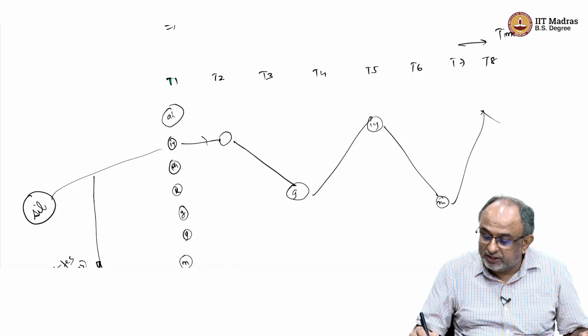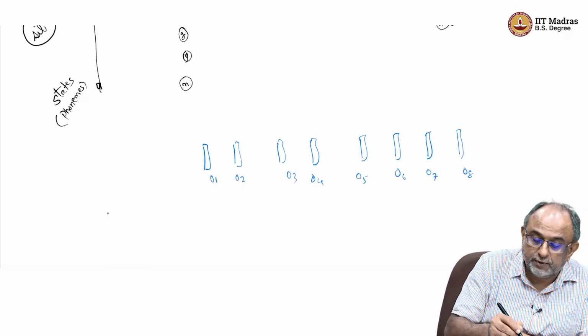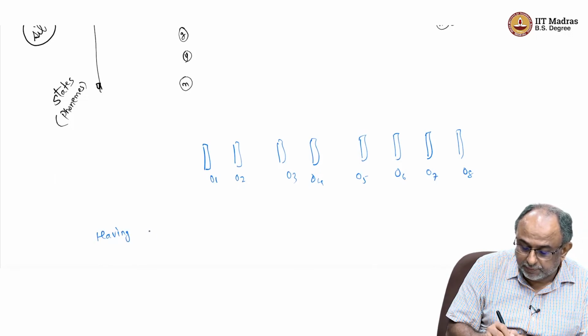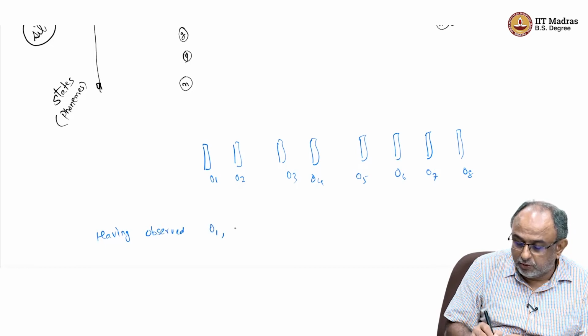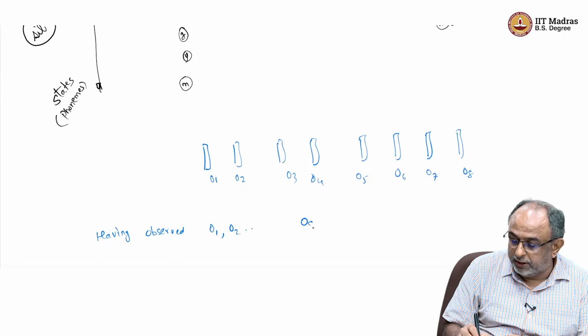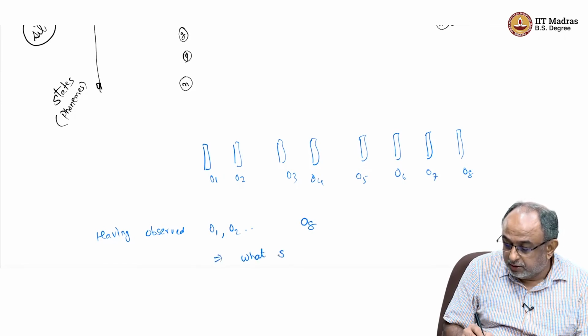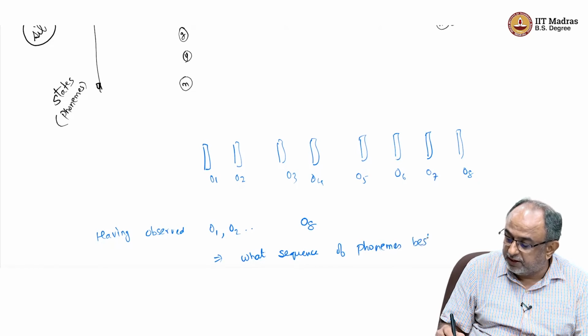So given that I have observed O1, O2, up to O8, what sequence of phonemes best explains this? That is the only question.